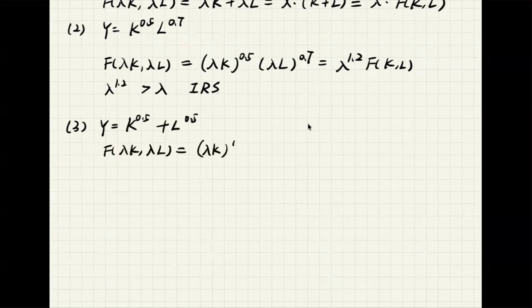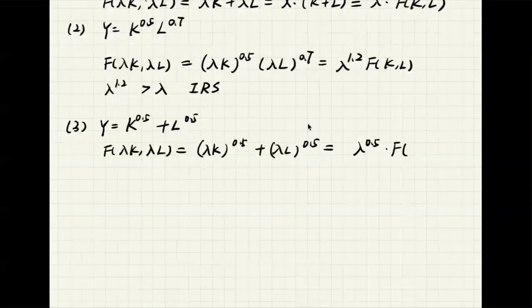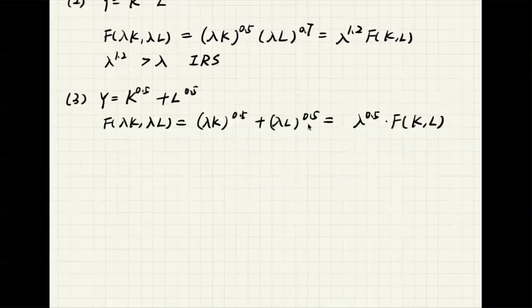Use lambda K to substitute K, and use lambda L to substitute the original L. Then you have lambda to the power of 0.5 times F(K, L). You know lambda to the power of 0.5 is smaller than lambda because lambda is larger than 1. So this is decreasing return to scale.